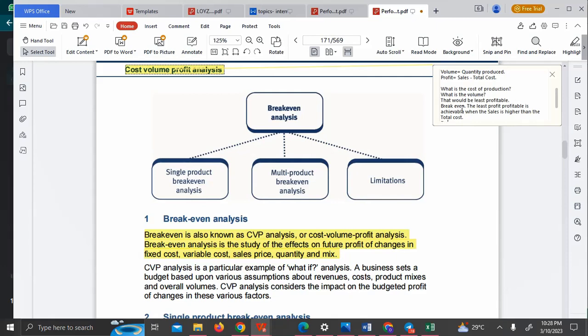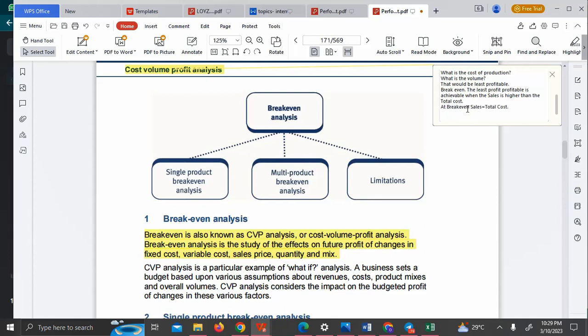But at break even, your sales is equal to your total cost.